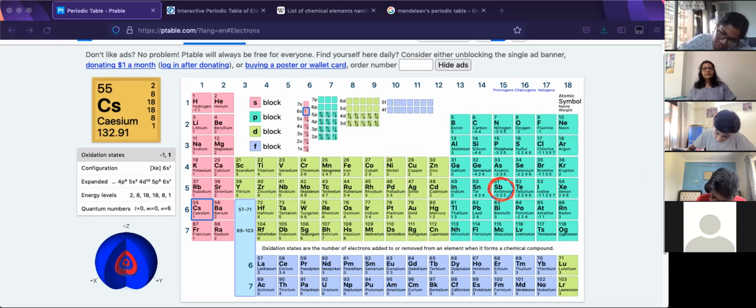Actually, before you send the electronic configuration, does your school accept the short form of configuration? On the left-hand side, the configuration is given by the noble gas configuration and only the valence shell. Does your school insist on the expanded form only, or is this accepted? We have no idea actually.